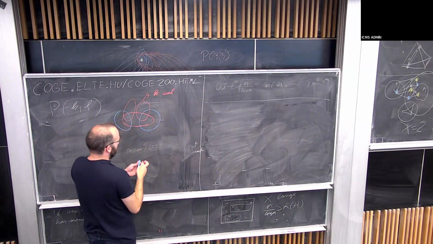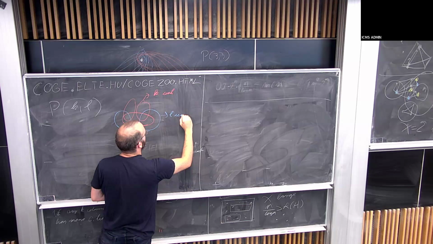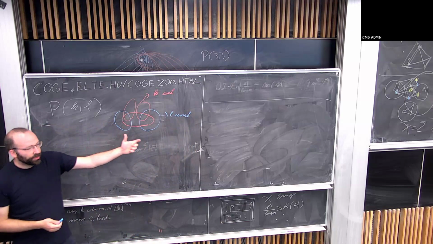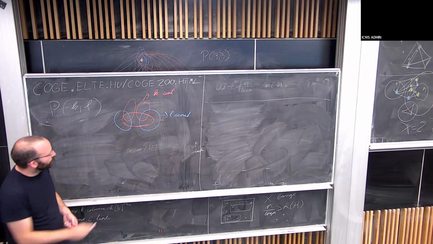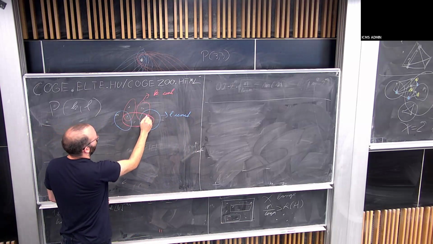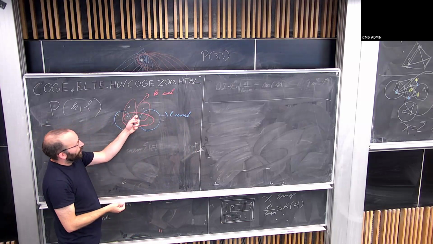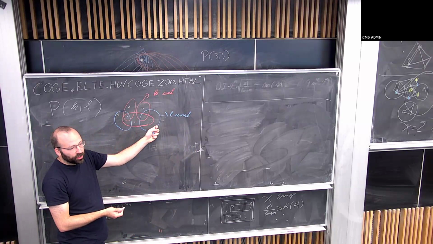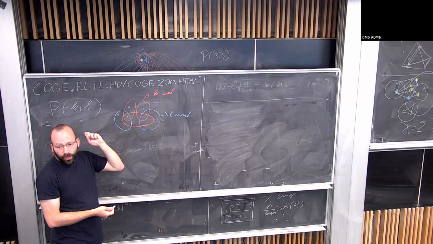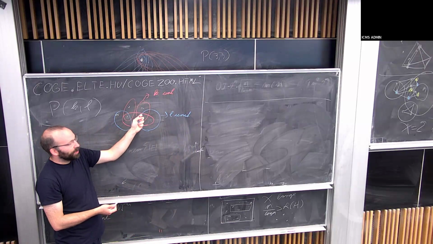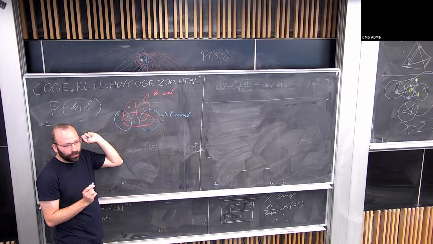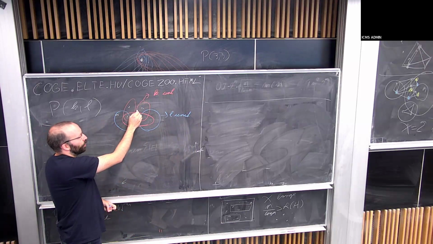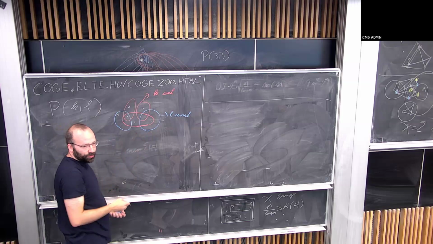The blue ones are l-uniform. And instead of not 2-colorable, I want something stronger. I want to say that no matter how I 2-color this, either one of the red edges will be completely red, or one of the blue edges will be completely blue. If one of the red edges is completely blue, I'm not happy yet. So you understand the difference? It's something stronger. I specify which edges should be red and which edges should be blue.